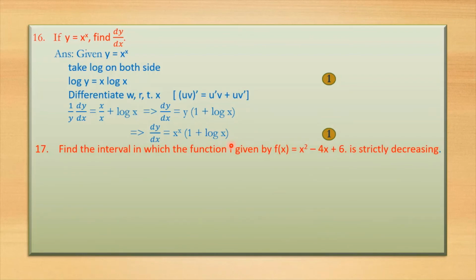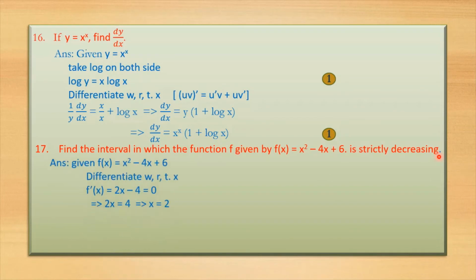The next question is, find the interval in which the given function is strictly decreasing. They have given a function in which it is decreasing, that we need to find out. The given function is f of x is equal to x square minus 4x plus 6. So differentiate with respect to x.